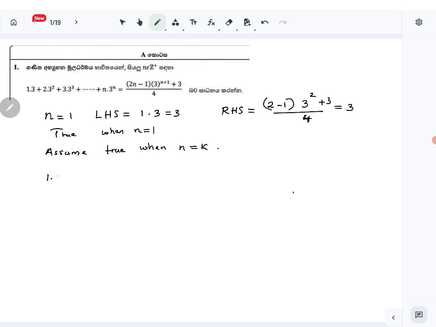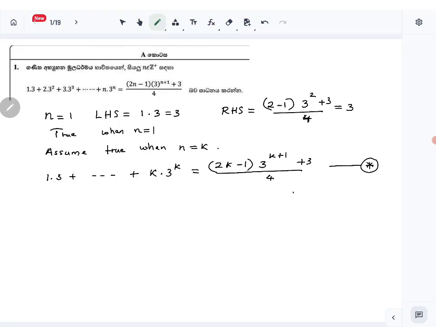So that means 1 times 3 plus so on until plus k times 3^k is going to be what? (2k minus 1) times 3^(k+1) plus 3, over 4. Right. Now this is true, so we assume this is true. Let's mark it as equation star.